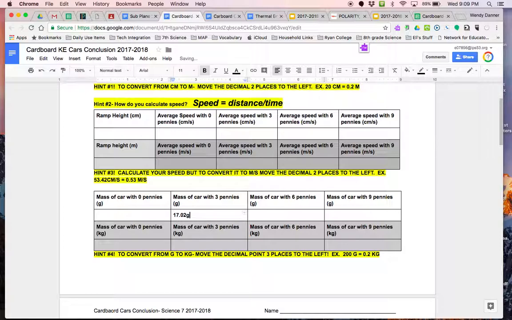So let's say that this one is 17.02 grams. The mass of the car with 3 pennies in kilograms. To move the decimal point from grams to kilograms, you move the decimal point 3 places to the left. Right now my mass is 17.02 grams. If I move this decimal point 3 places to the left, it goes between a 1 and a 7.